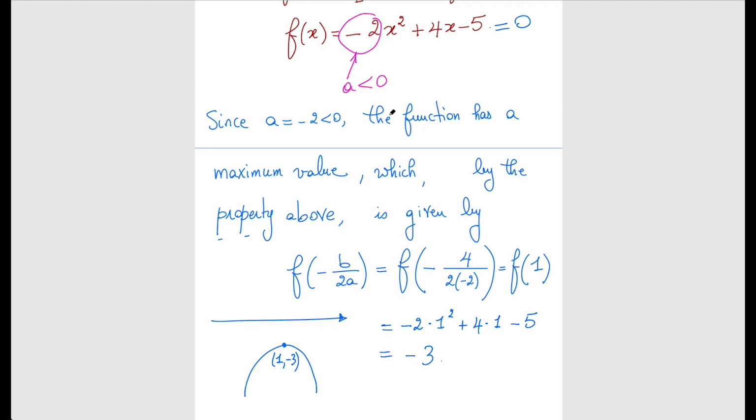The quadratic formula is not going to work because the discriminant b squared minus 4ac is going to be negative in this case. Anyway, the vertex is at 1 comma negative 3, and that negative 3, this height, is the highest the function reaches. All the other values it takes are lower than minus 3.